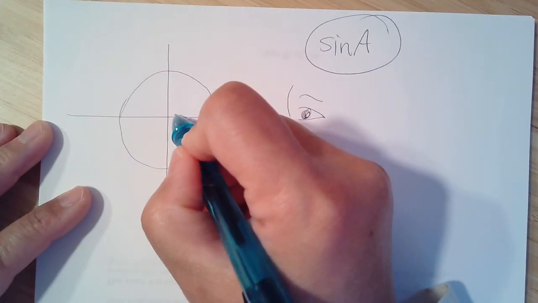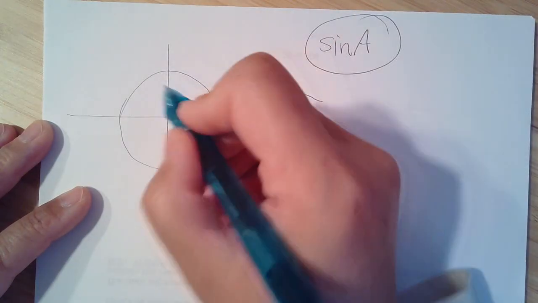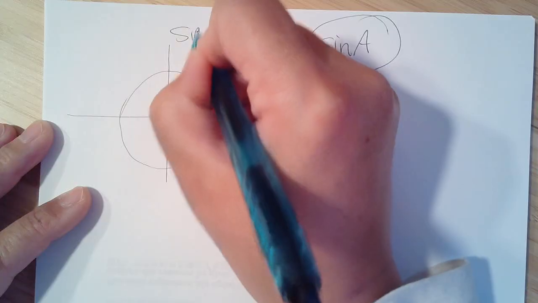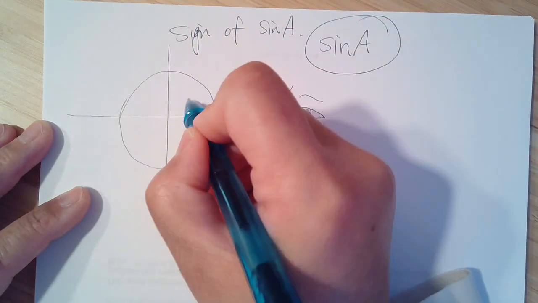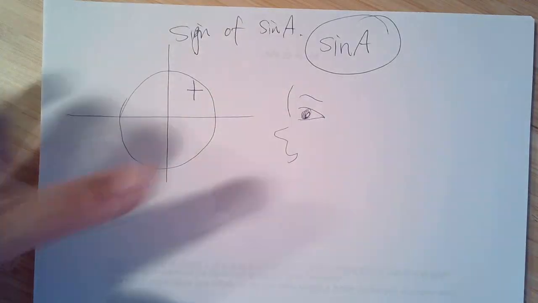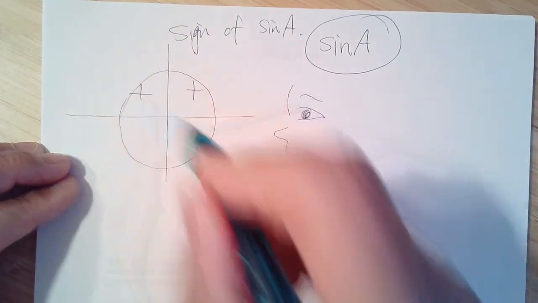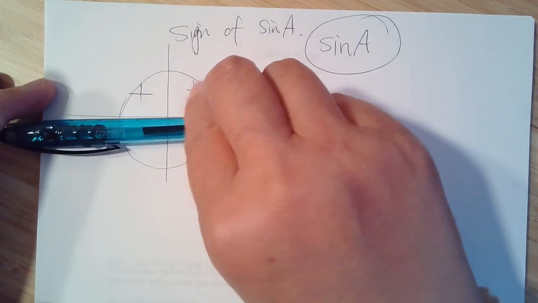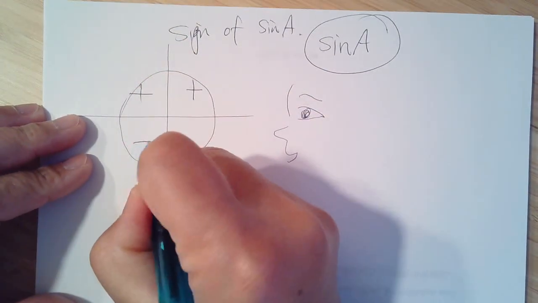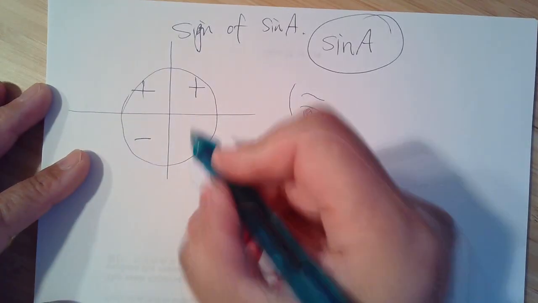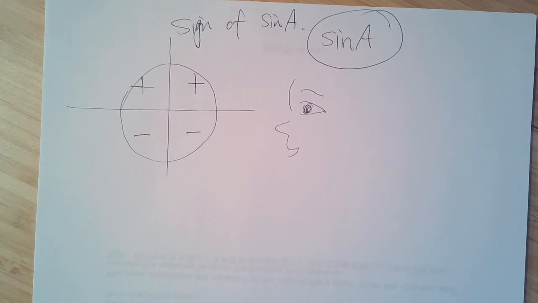Okay, so in the first quadrant, the sine of A is positive because it goes up. And for the second quadrant, it's also positive, isn't it? And for the third quadrant, it starts below the x-axis, so the sine starts getting negative. And here is also negative. This is the sign of sine.